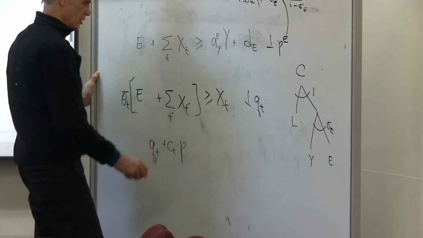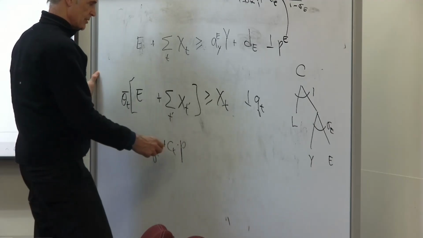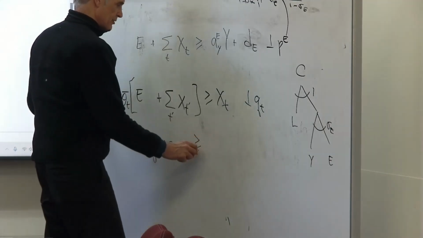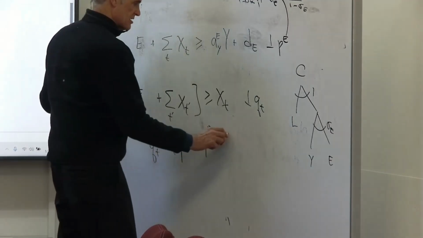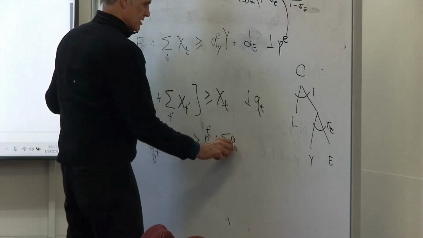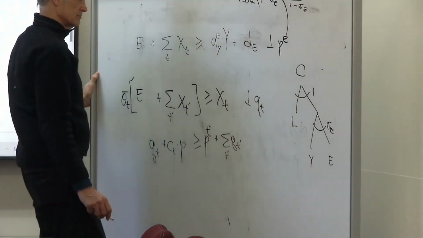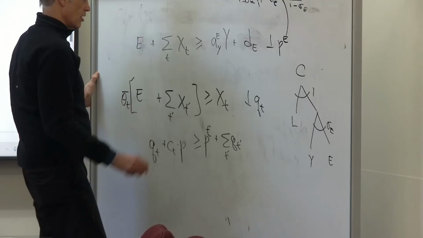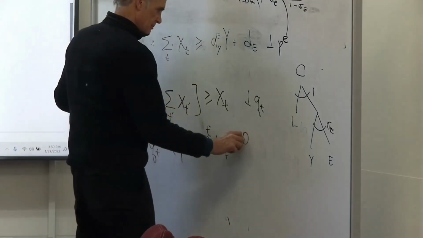I'm assuming the macro output goes into Q sub T, the cost of supplying, which has to be greater than or equal to PE, the value of the energy that they produce, plus the sum over T prime of Q sub T prime, times theta sub T prime.